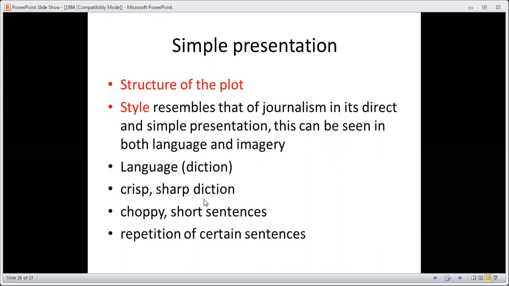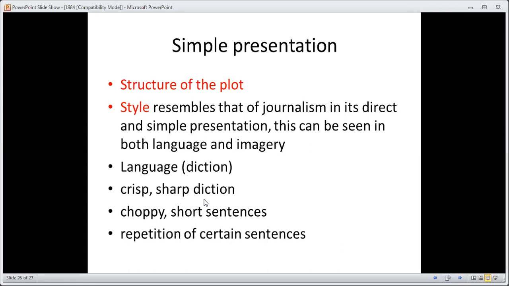Again, I'm trying to explain things as I understand them, and I hope that you understand them. We finished the first technique of the anti-utopia, which is the irony, the satire. And now we will come to the second technique, which is the simple presentation.